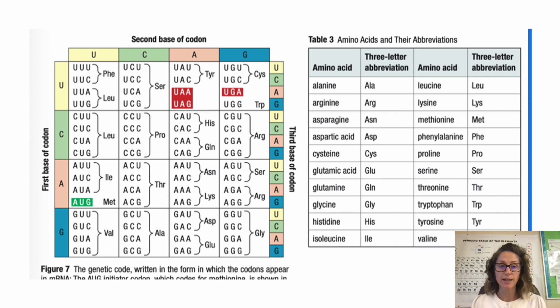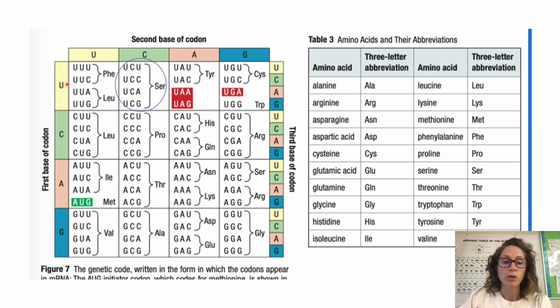So let's look at our codon chart. This is out of your textbook, and I just want you guys to slowly get familiar with the names of the amino acids, their 3-letter abbreviations, and preferably even their 1-letter symbol that represents them. So let's go ahead and look at serine. So first of all, here is serine here. So this is the codon chart showing the codons for serine.